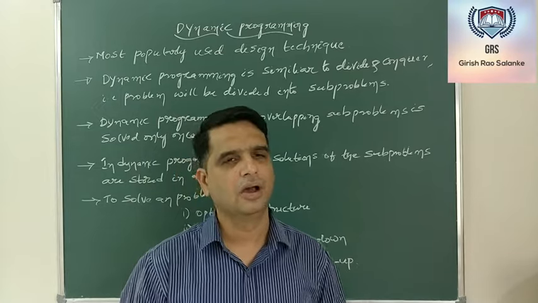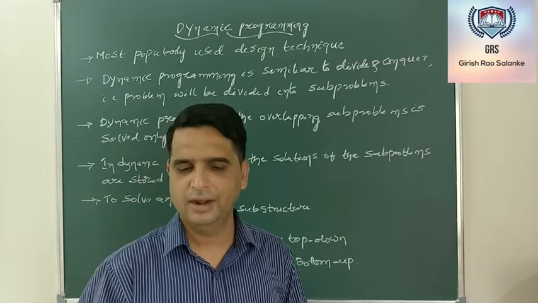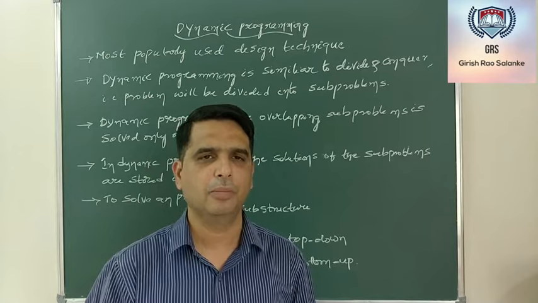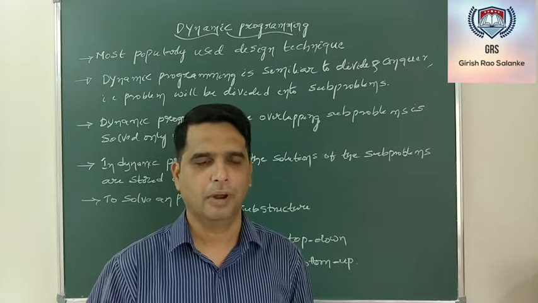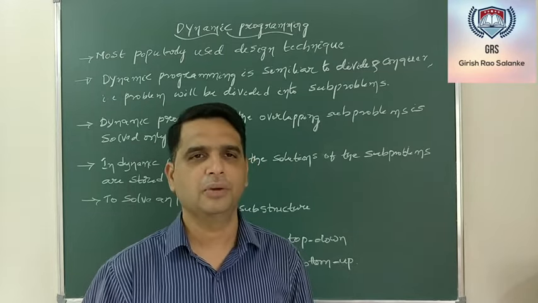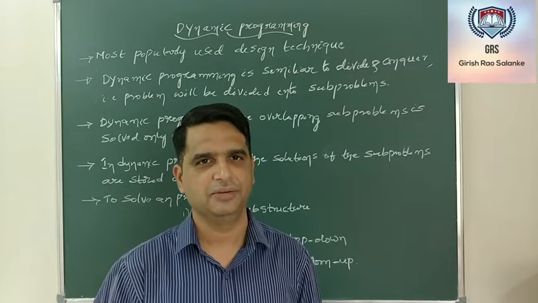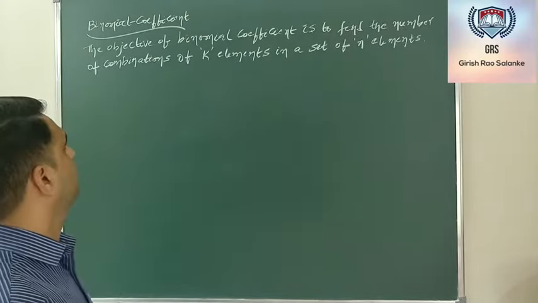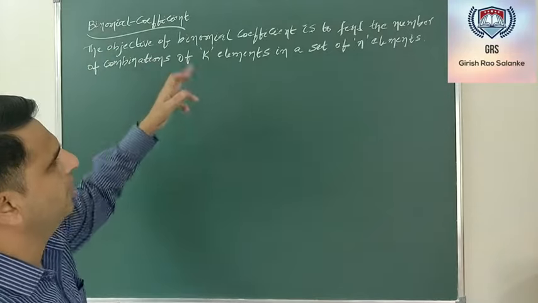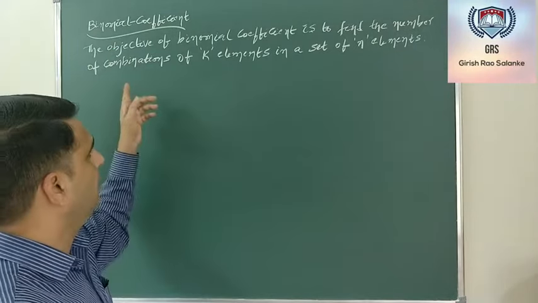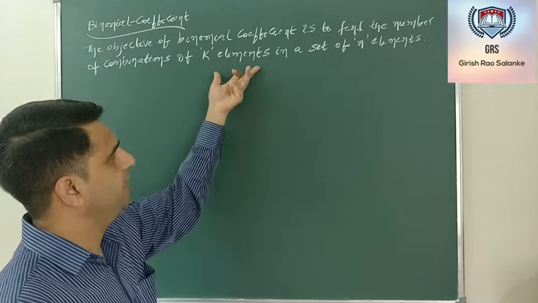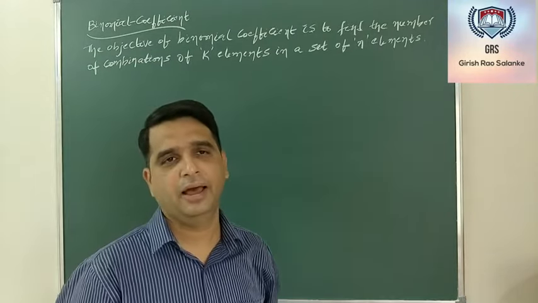Now let's take an example and see how exactly we can use dynamic programming to solve a particular problem. The problem we are going to consider is the binomial coefficient. The objective of the binomial coefficient is to find the number of combinations of k elements in a set of n elements.